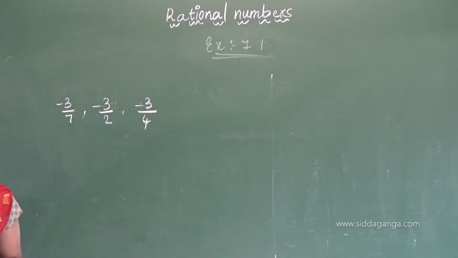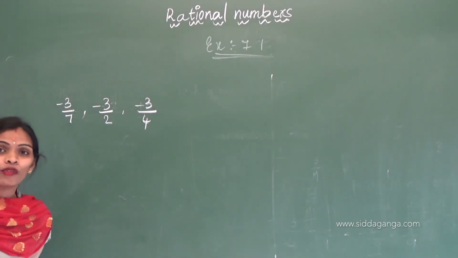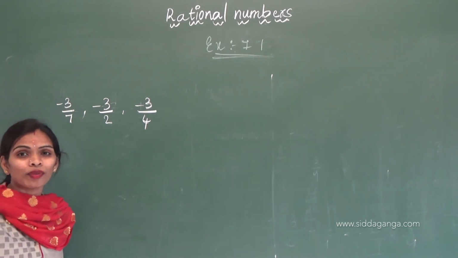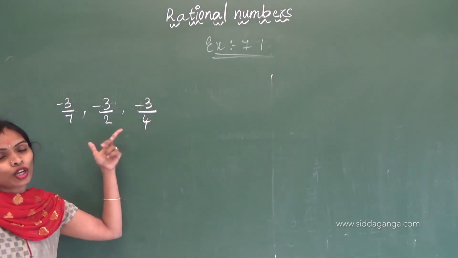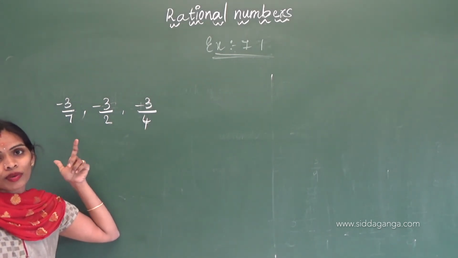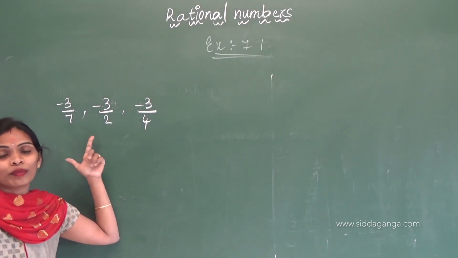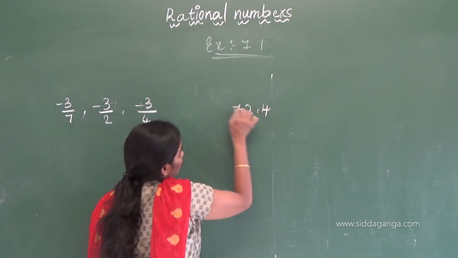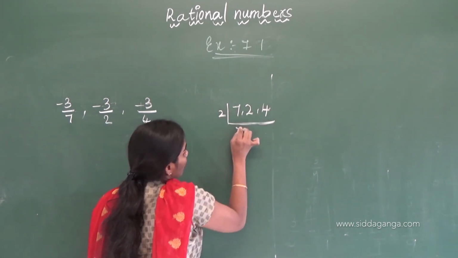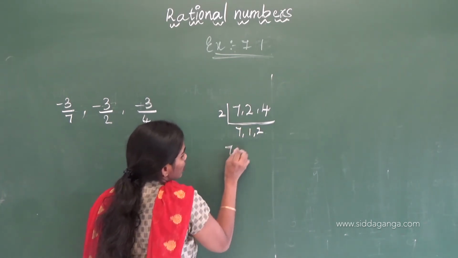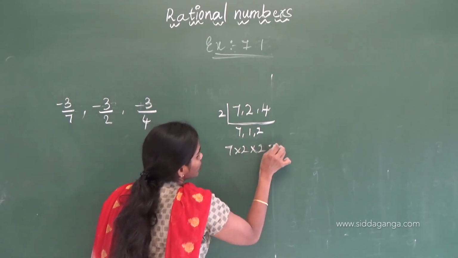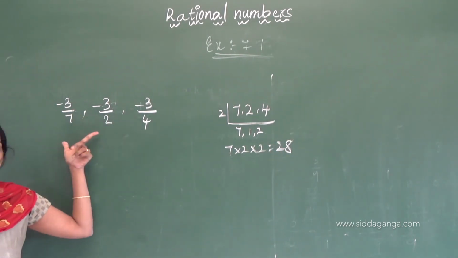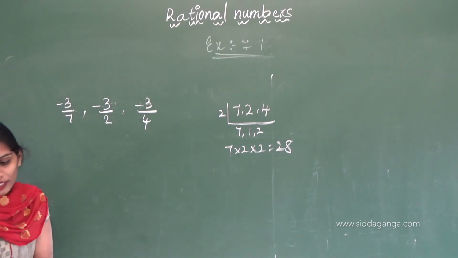We have to make all the denominators equal to make them like fractions. Further, we take the LCM of the 3 denominators: 7, 2, 4. 7 into 2 into 2 equals 28. So we make the denominators of these 3 as 28.